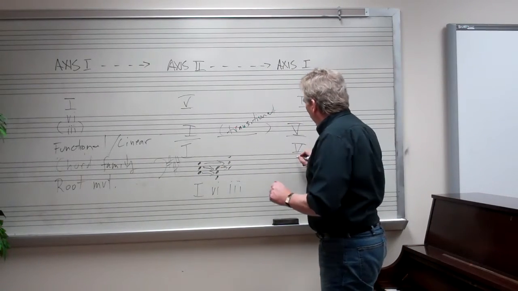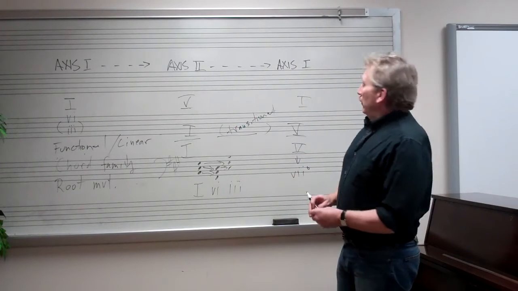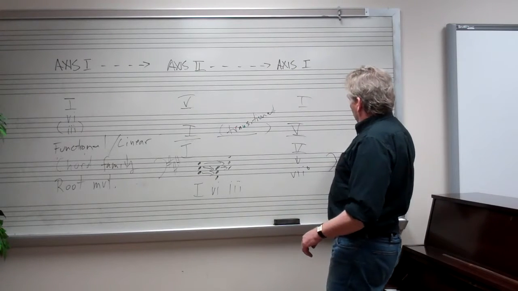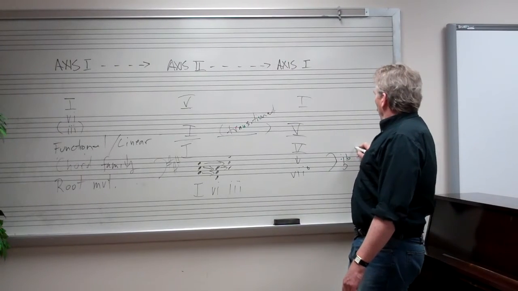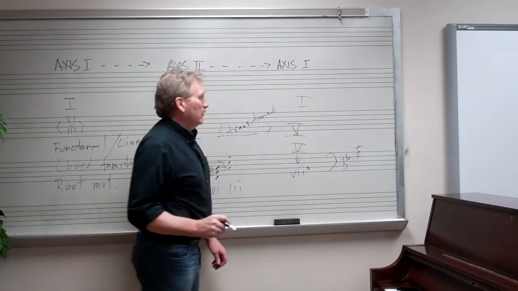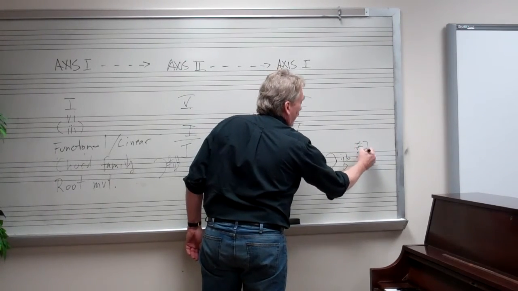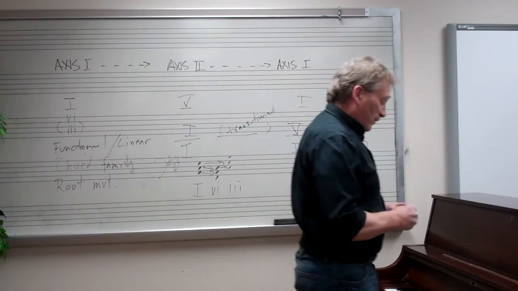Similarly, at the dominant, we can extend our dominant with the half diminished. Here we'll choose the key of B flat. Our dominant is an F chord, and instead of that we could have an A diminished triad, and that would extend our sense of the dominant.